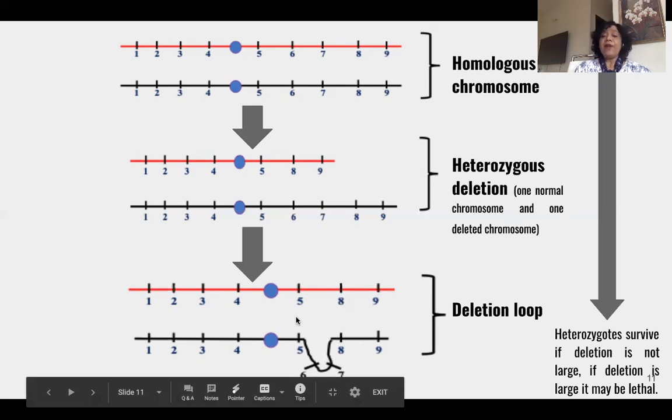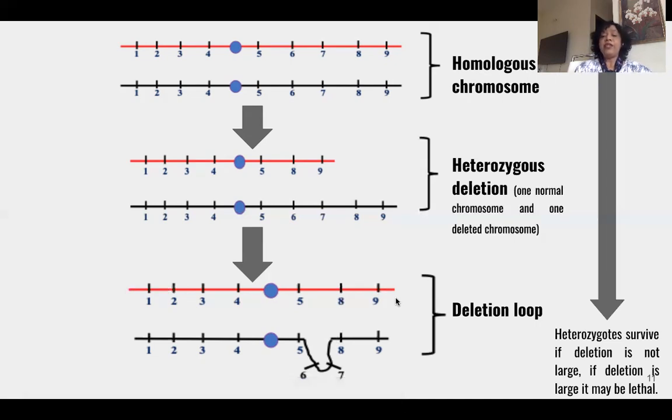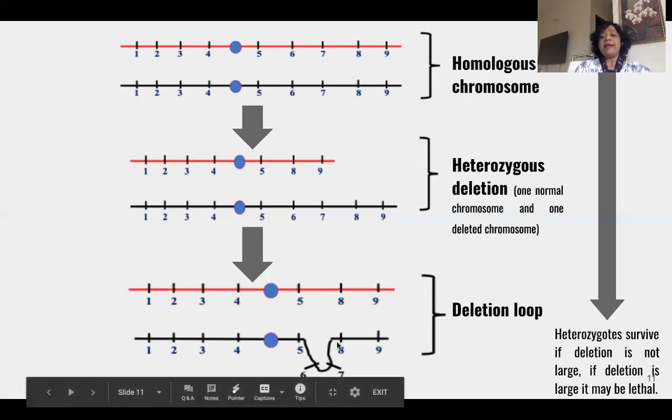Because the chromosome showing deletion is shorter in size, to adjust with this and to match the genes to each other, the normal chromosome forms a deletion loop.